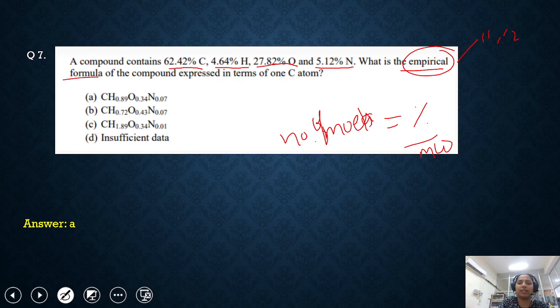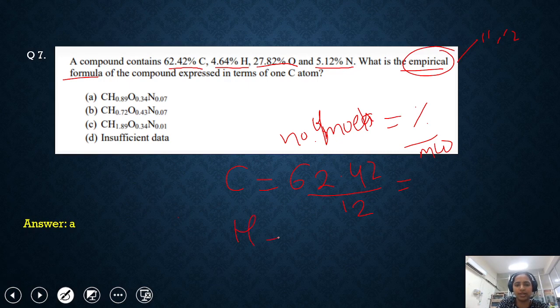Then you can write the formula. So let's first start with carbon. It is 62.42 upon how much is the carbon atomic weight? 12. So solve this and let me know how much it will come.